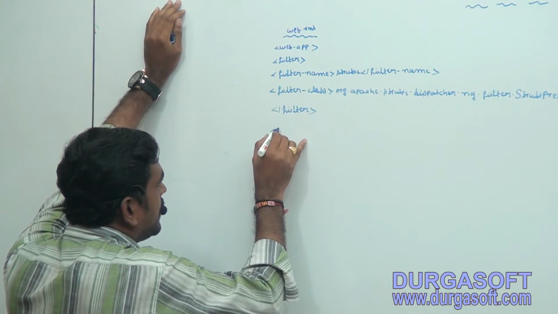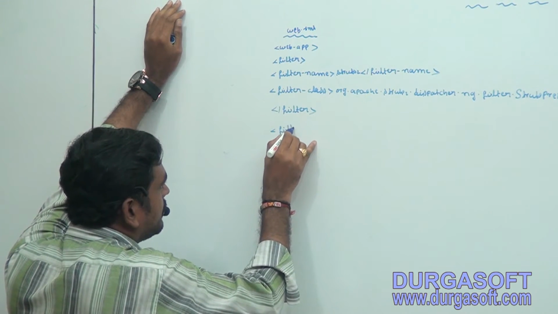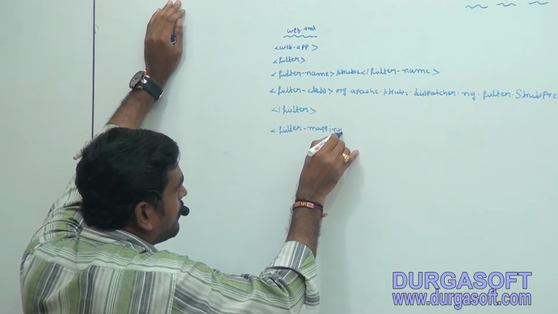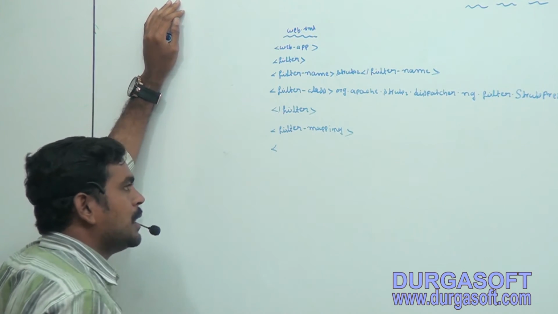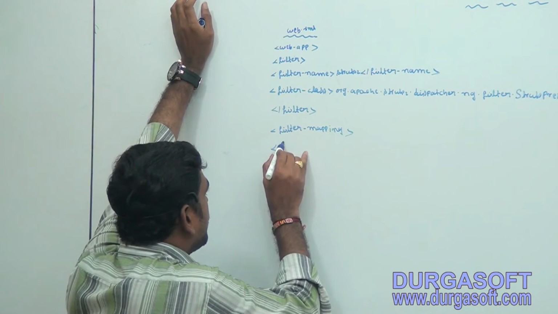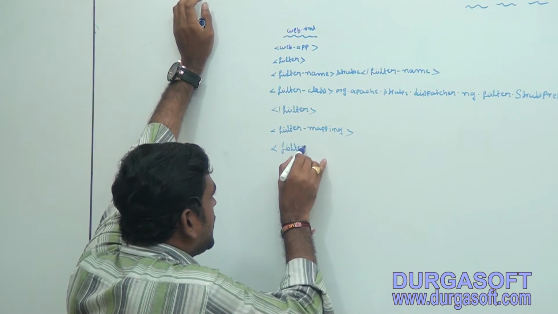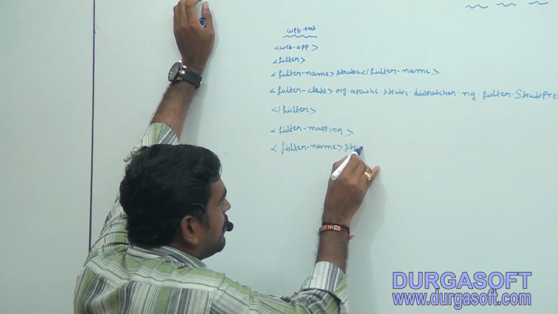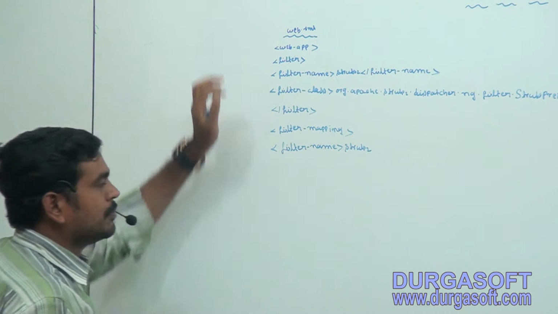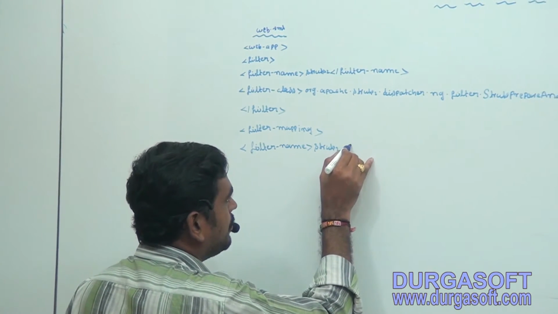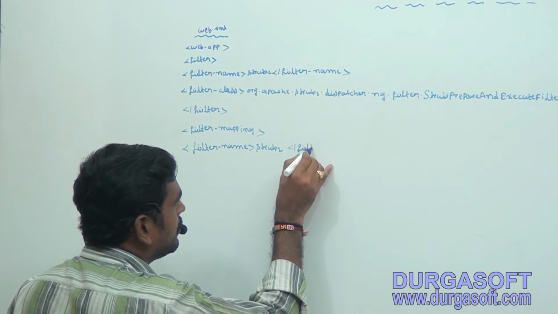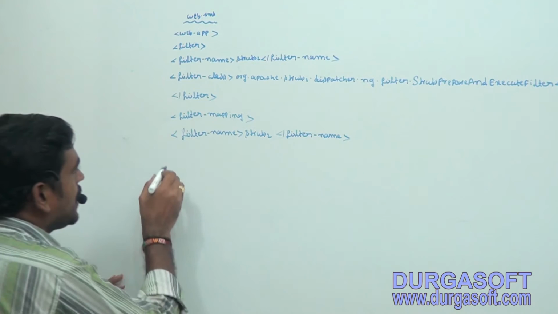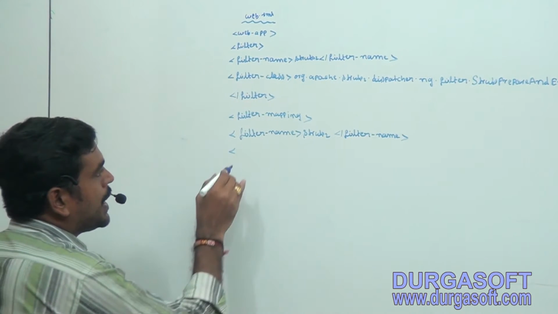The next, filter mapping. Under that we can take the filter name. What is the filter name here? Struts 2. Then close the filter name. The next, URL pattern.